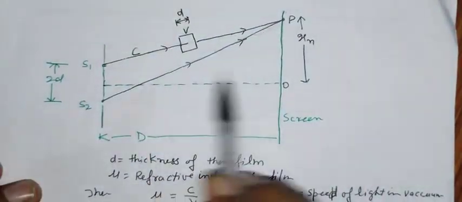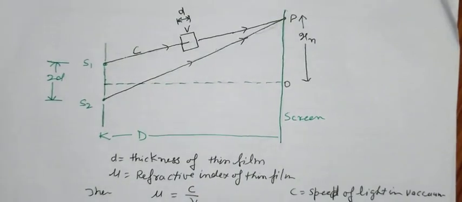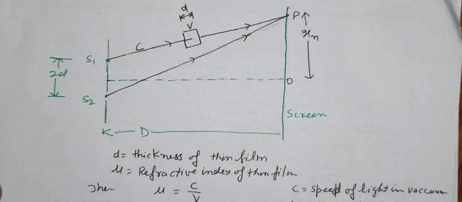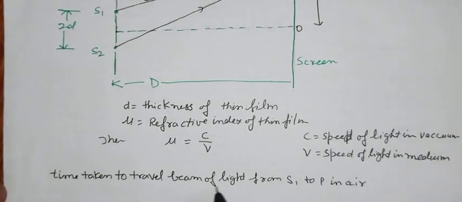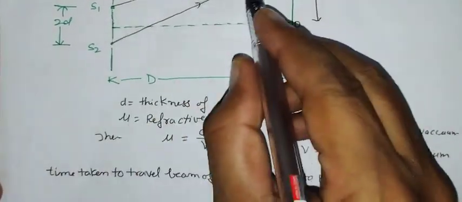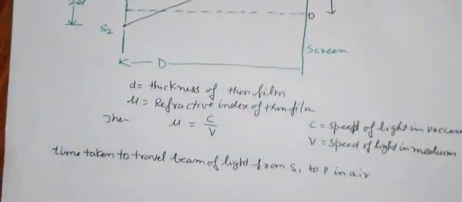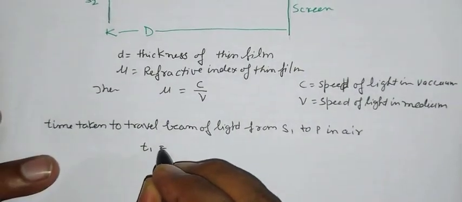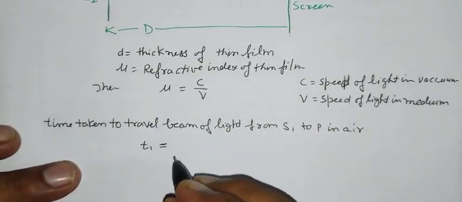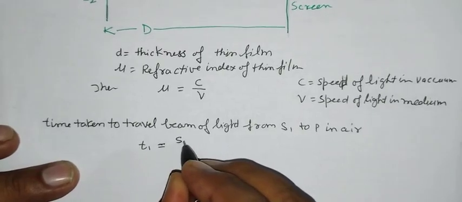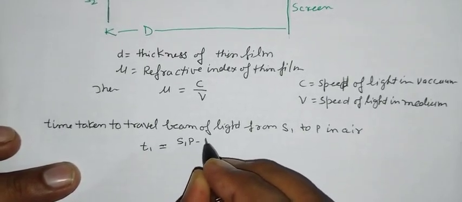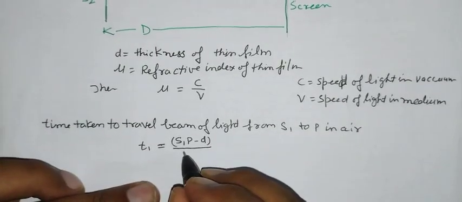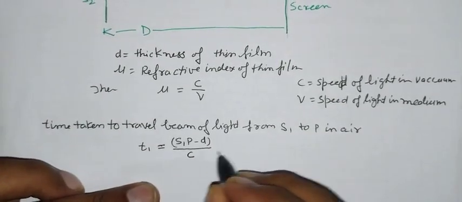So the time taken is different. So we take the time taken by the ray of light to travel in air. The time taken to travel from S1 to P in air, let this time be t1, is equal to distance by speed. So the distance is S1P minus d, divided by the velocity in air, which is c.